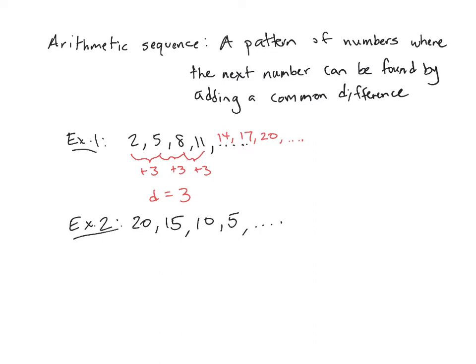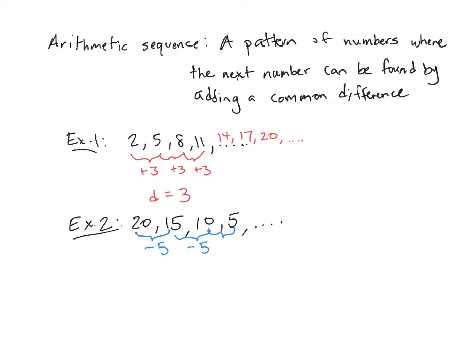Now, at first glance, you might think this is not an arithmetic sequence because I'm not finding the next number by adding, I'm finding the next number by subtracting. We just need to remember that adding and subtracting are strongly related. Instead of adding 3, I'm really adding -5. Adding -5 is the same as subtracting 5.